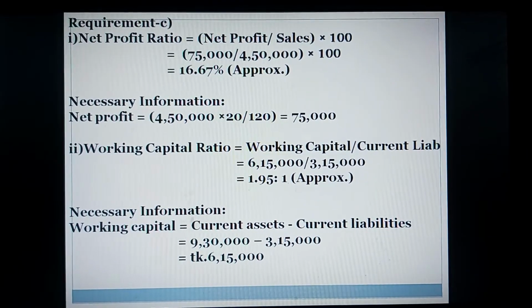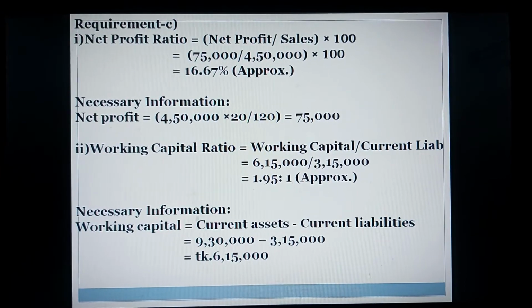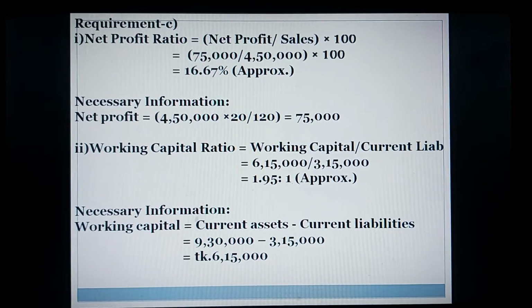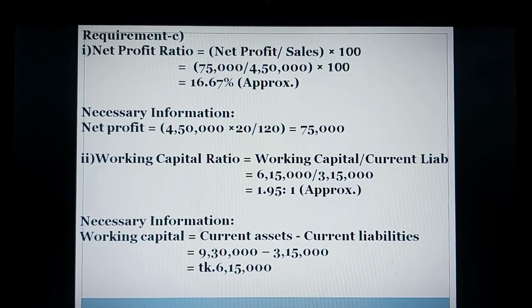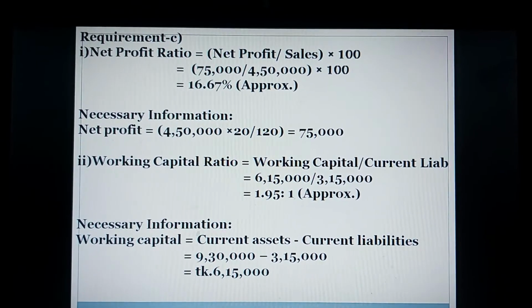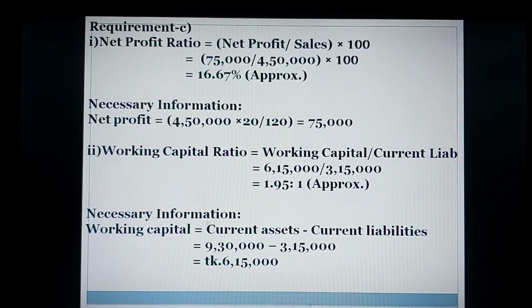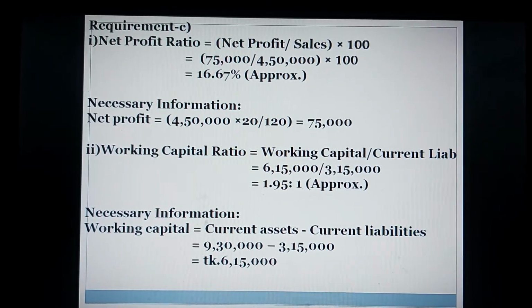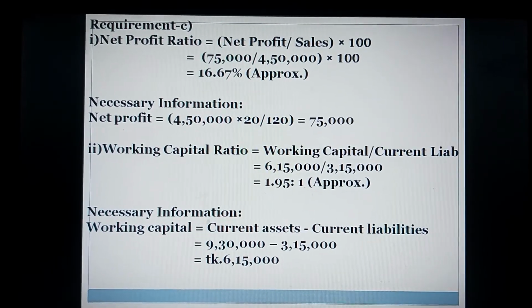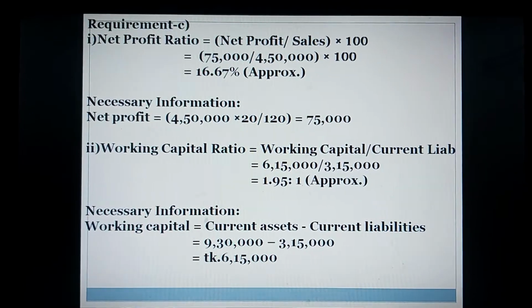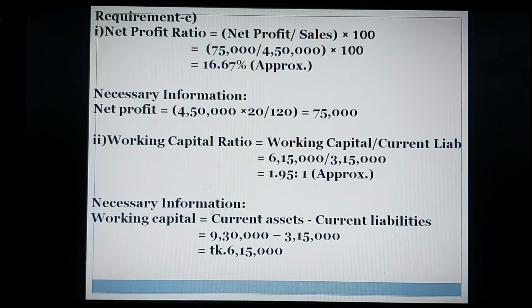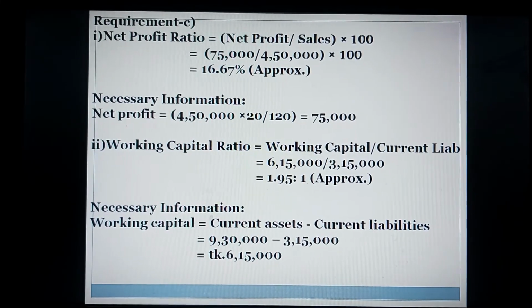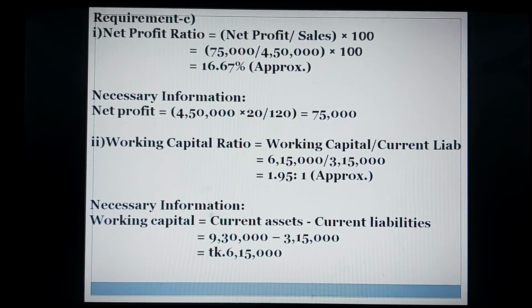Dear students, working capital, the current capital, is equal to current assets minus current liabilities. I repeat again, working capital or current capital is equal to current assets minus current liabilities. In this stem, total amount of current assets is 9,30,000 and total amount of current liabilities is 3,15,000.